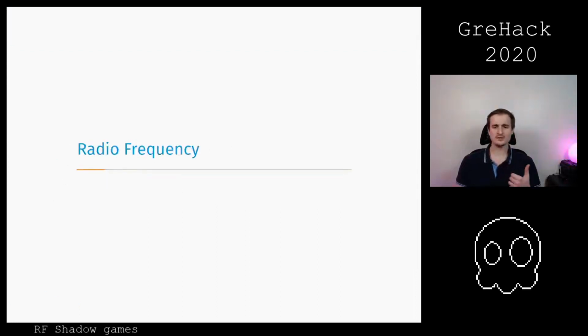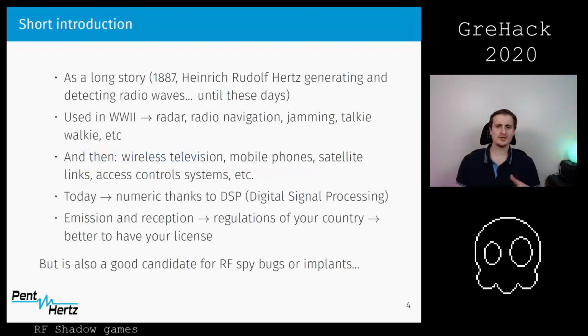Radio frequency has a lot of history, and today you know it thanks to DSP, because we are using a lot of mobile phones, wireless television, satellites, etc. So it's present everywhere, and thanks to DSP we use it a lot to communicate.